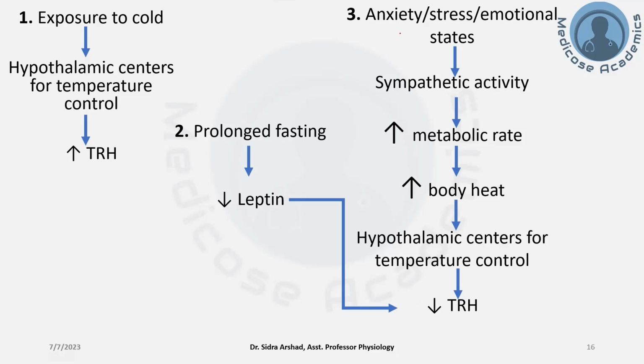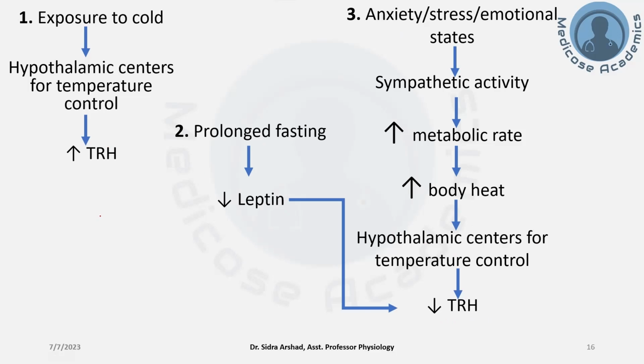Another scenario is when there are increased stress levels, emotional states, or anxiety. There is increased sympathetic activity, which increases the metabolic rate and produces more and more body heat. So the hypothalamic centers for temperature control once again detect this body temperature and decrease the production of TRH so that more heat is not produced.